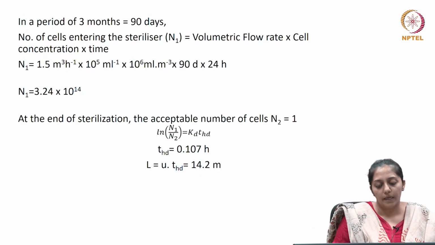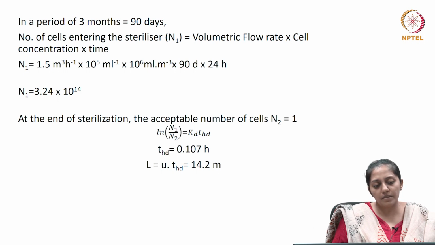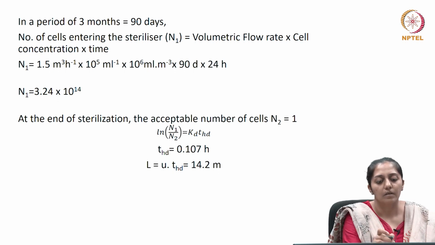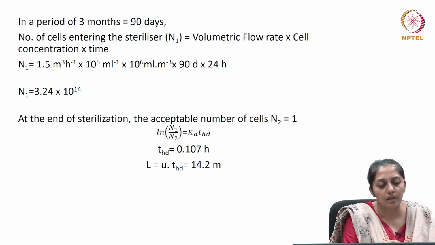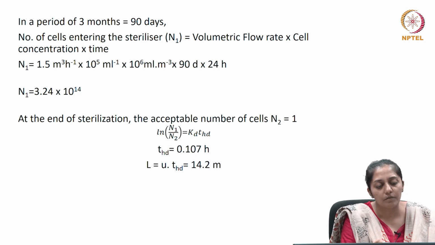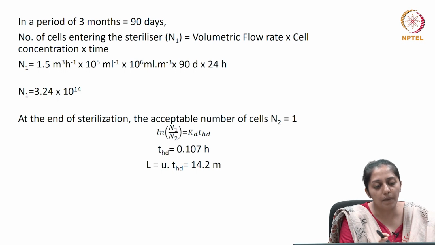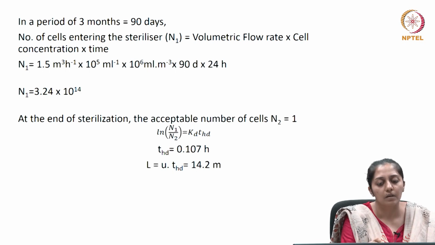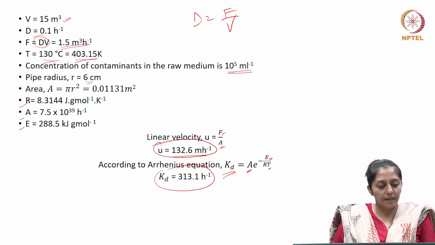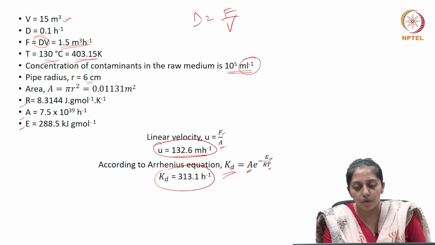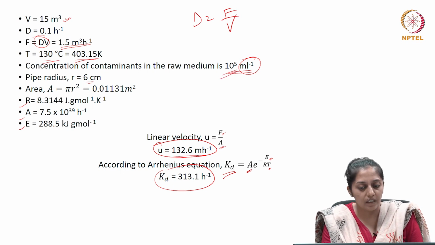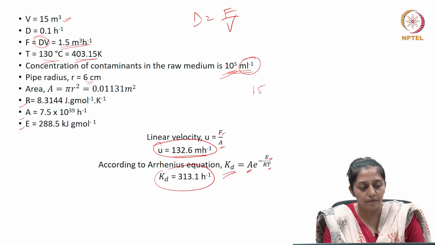Because 1 in 3 months is acceptable, one organism surviving. In 3 months, what would be the total amount of organisms? So, we need to calculate the number of cells entering the sterilizer. Per ml of the raw medium is 10 to the power of 5 cells. So, we need to see how much medium would have been processed in 3 months at 1.5 meter cube per hour.